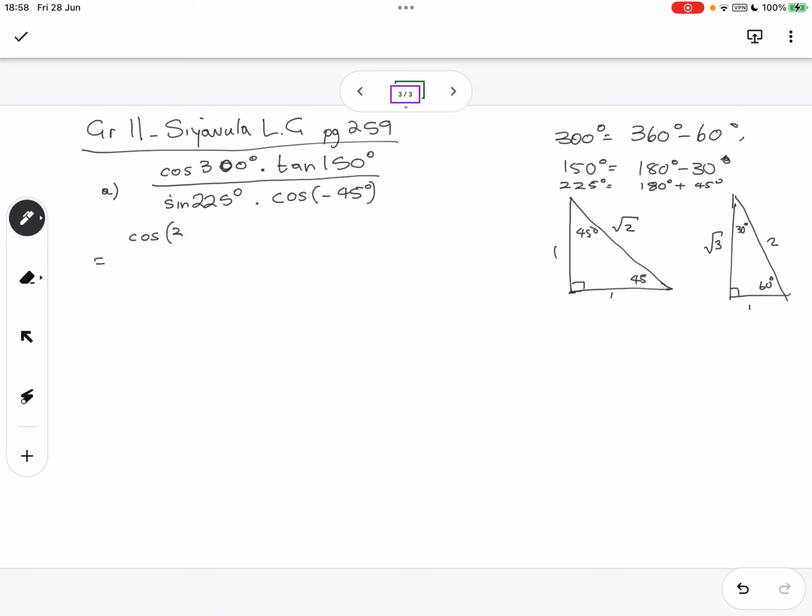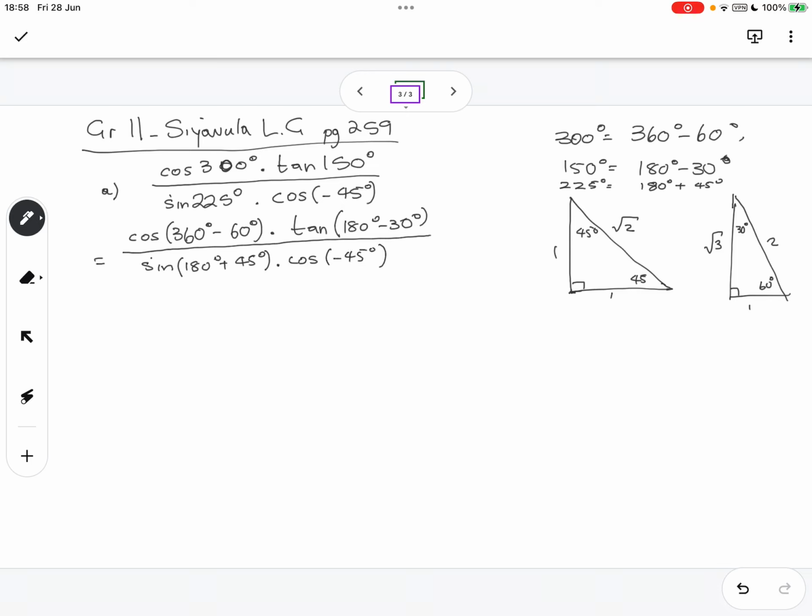cos of 360 degrees minus 60 degrees multiplied by tan of 180 degrees minus 30 degrees. And this we divide by sine of 180 degrees plus 45, and this is multiplied by cos of negative 45.